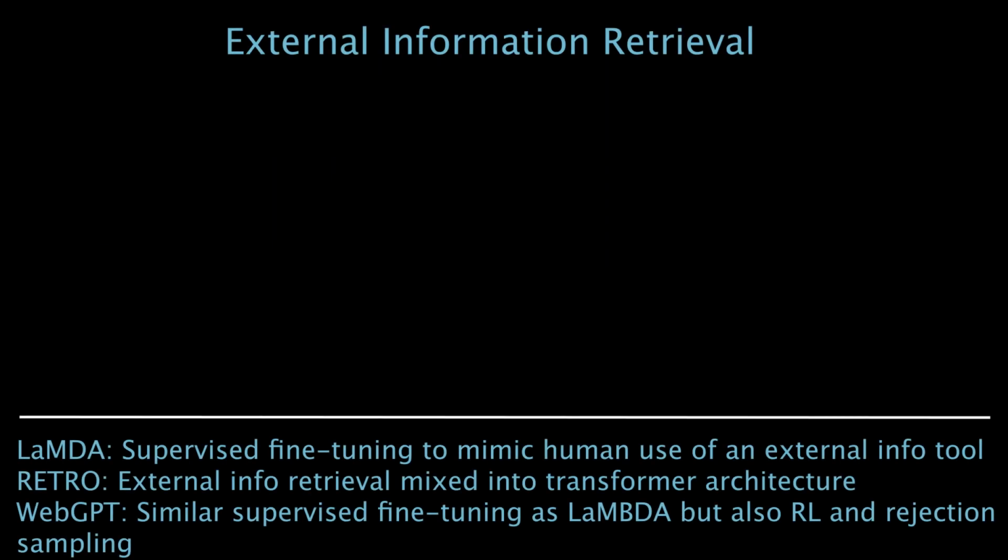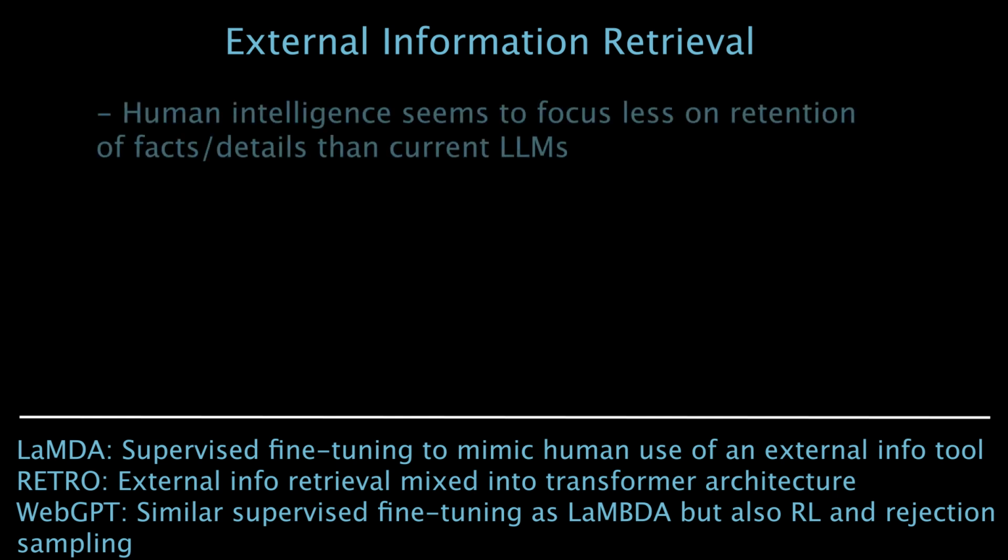First, external information retrieval. If you compare human intelligence with current LLMs, while humans do store plenty of facts somewhere in their neural architecture, LLMs certainly seem to devote a much higher proportion of their neural complexity towards retaining facts.